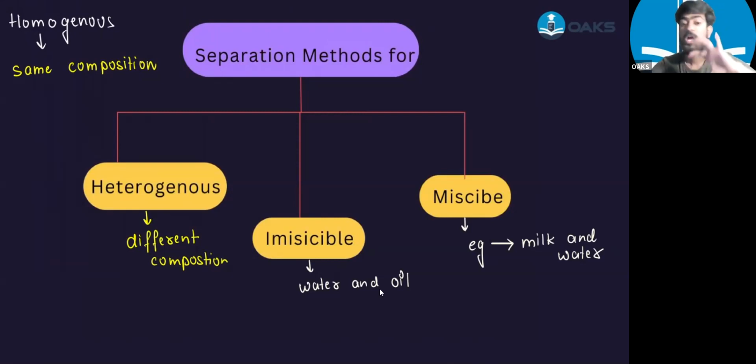Do oil and water mix thoroughly? Can we mix oil and water? No. So the liquids which do not dissolve in each other, or do not mix with each other, those kinds of liquids are known as immiscible liquids. Exactly.